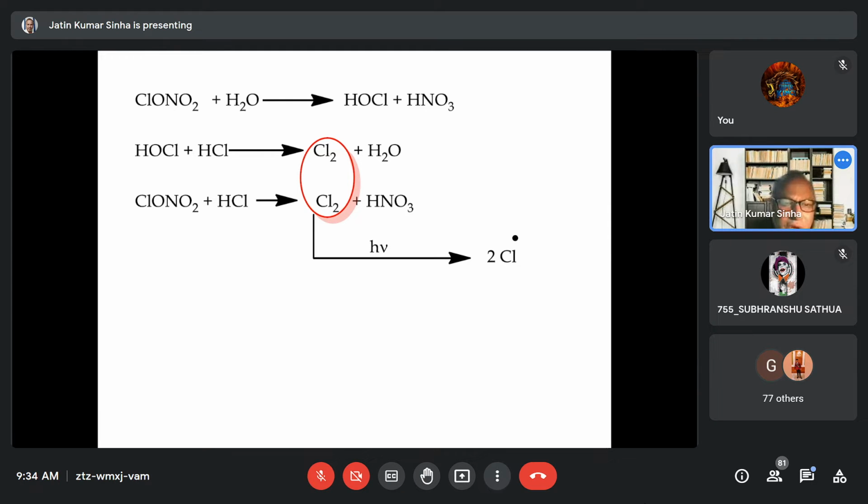Similarly, chlorine nitrate can also react with HCl to give you chlorine, and ultimately, in the presence of light, this chlorine gives you the chlorine radical. And once we have the chlorine radical in the atmosphere for a long time, it will start to remove the ozone layer from the atmosphere. So this is the reason why we have ozone layer depletion in the Antarctic region compared to the other parts.